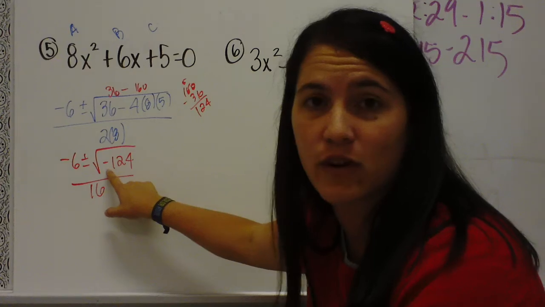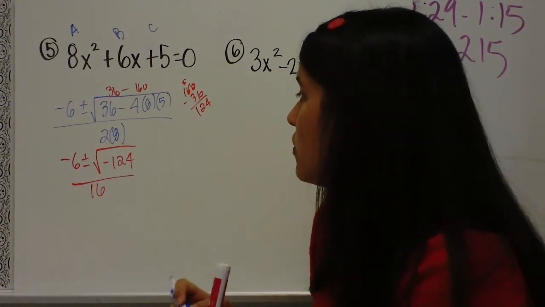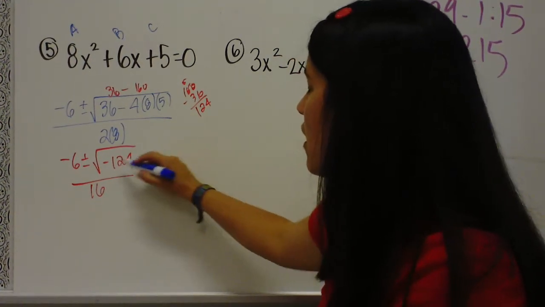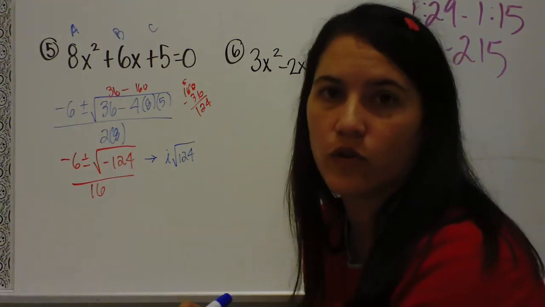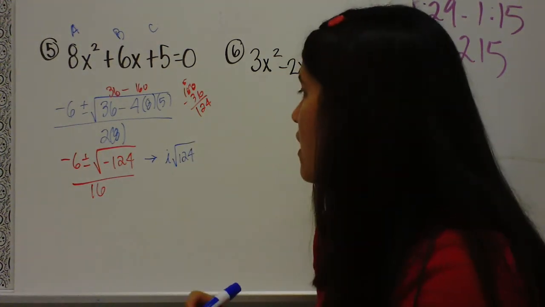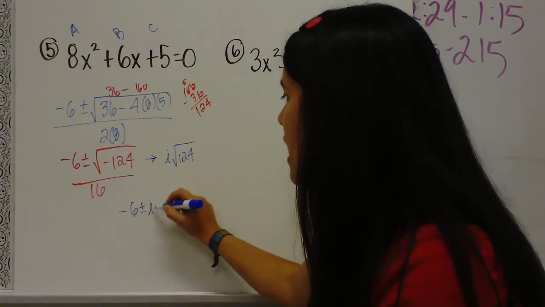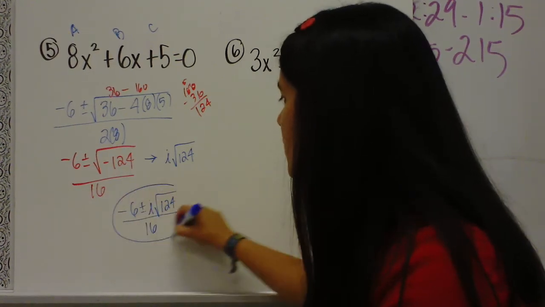You cannot have the square root of a negative number. Therefore, you would have to take out an i. So the square root of that would be i, the square root of 124. So then your answer would be negative 6 plus or minus i, square root of 124 all over 16.